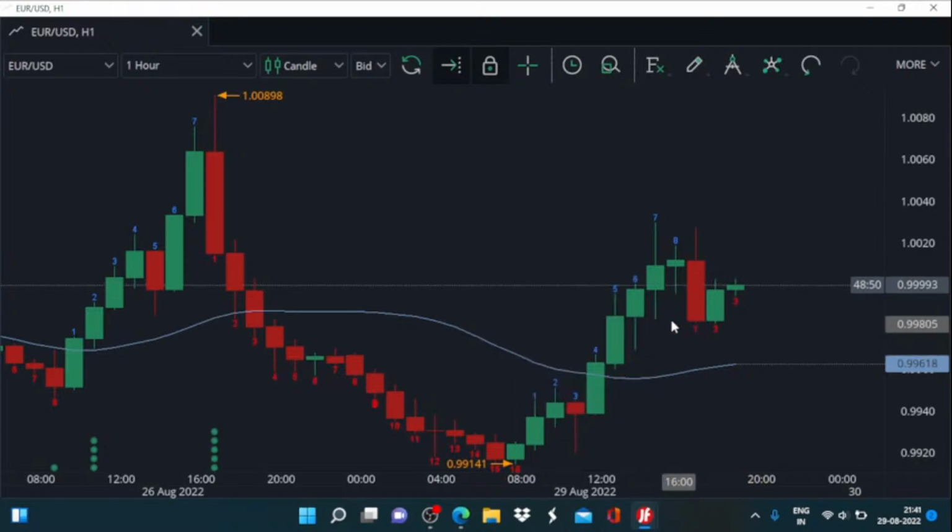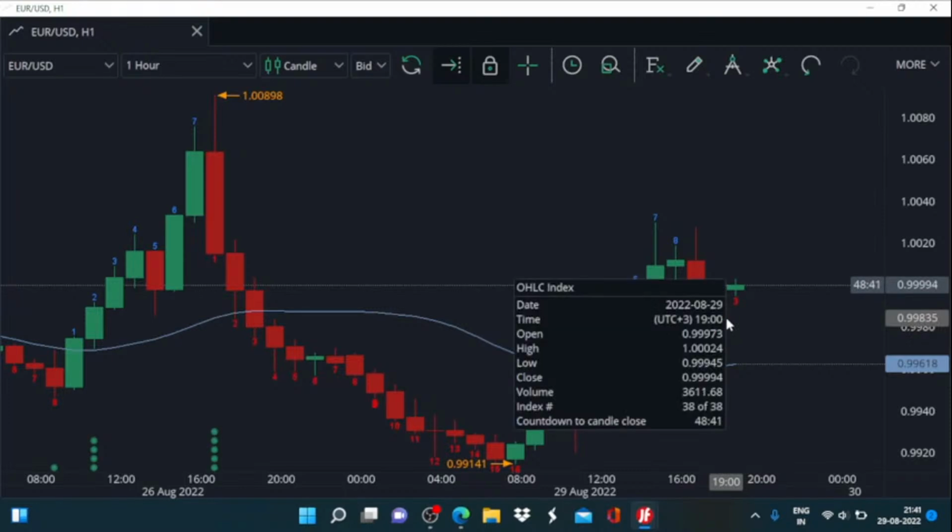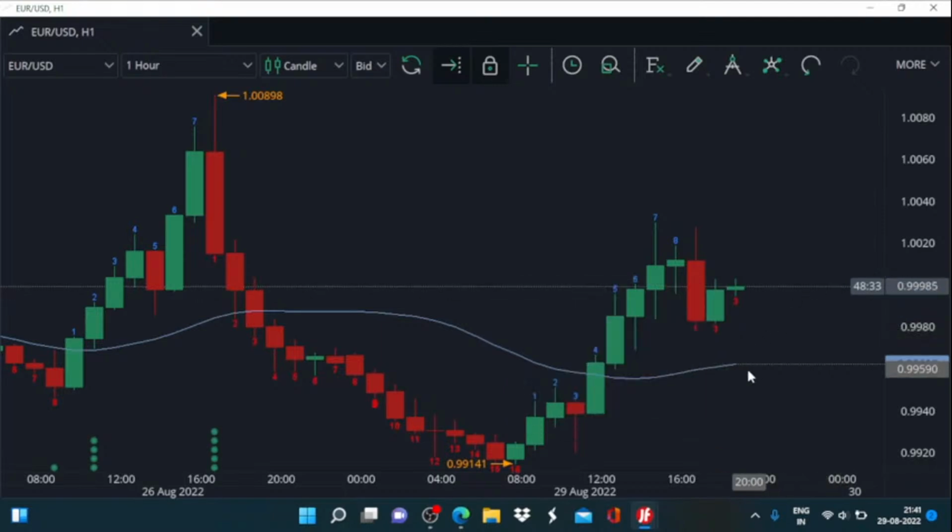In that case we can expect the Euro USD to provide us some opportunities to buy on dips, and we will have the risk reward ratio also in our favor, so we can try to profit from this price formation which is being guided by the HT trend line.